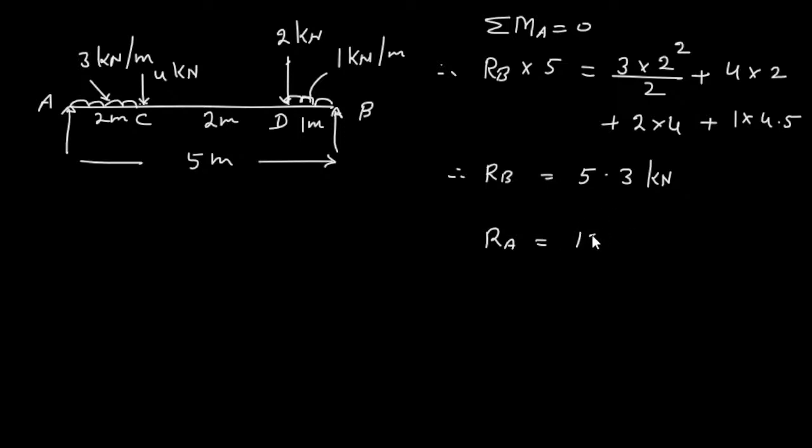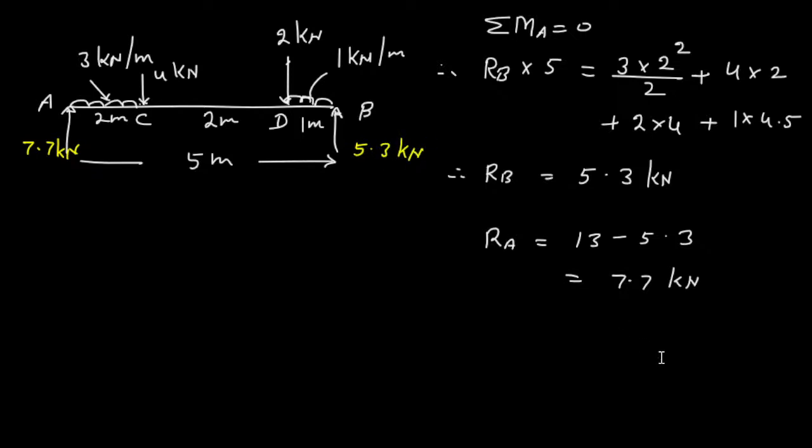So 13 minus 5.3 is 7.7. You all know how to calculate the support reactions. So this support reaction here is 7.7 kilonewton, and here it is 5.3 kilonewton.